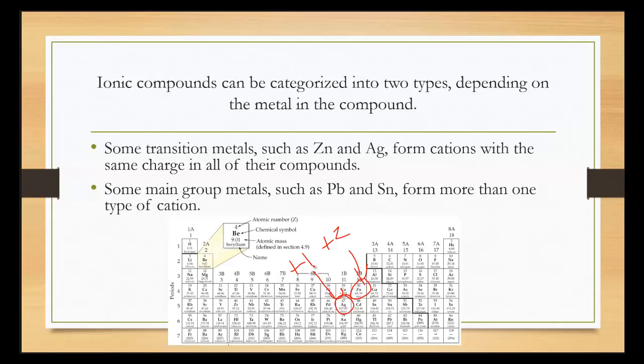Similarly, some main group elements, such as lead and tin, form more than one type of cation. Usually they'll form a +2 and at other times a +4.